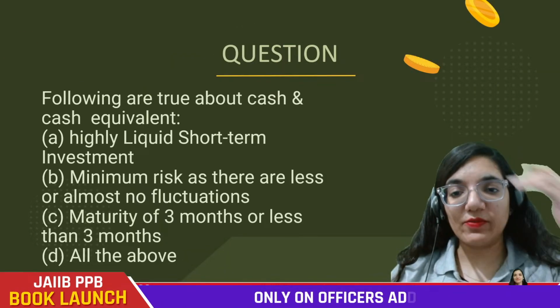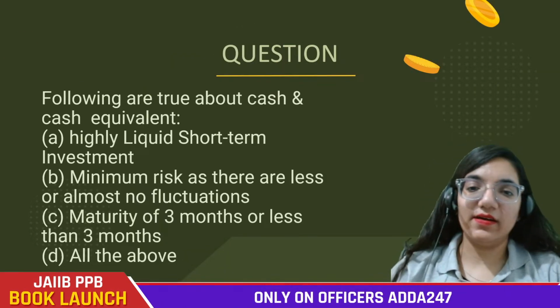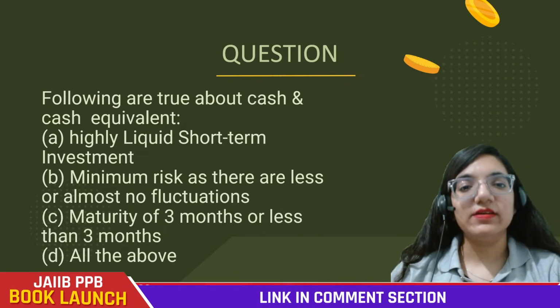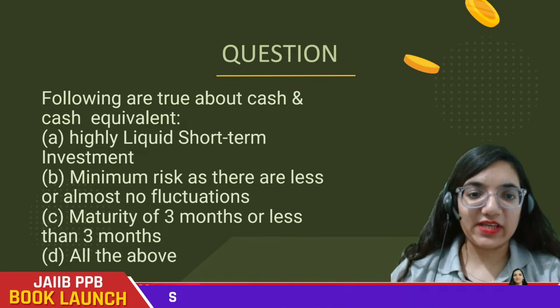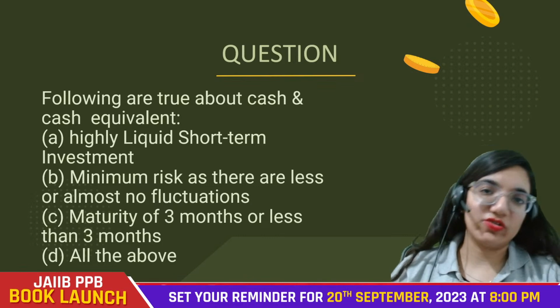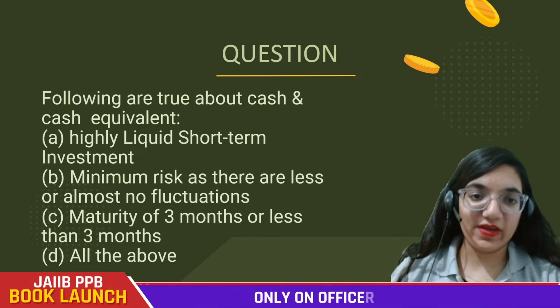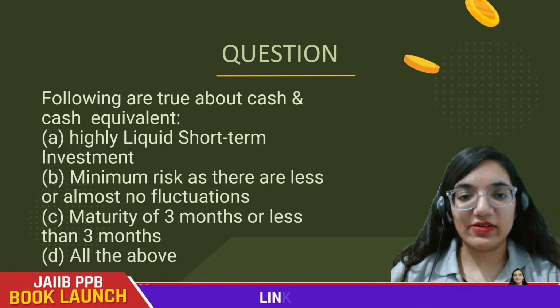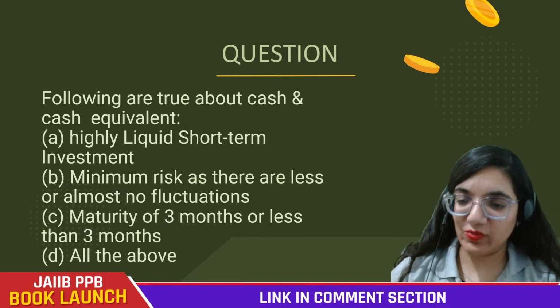Next question, everyone. The question says that following are the true about cash and cash equivalents. When we talk about cash and cash equivalents, cash is sorted. That is the liquid cash that we have, right? Rupee notes and all. Then highly liquid short-term investments are cash and cash equivalents.